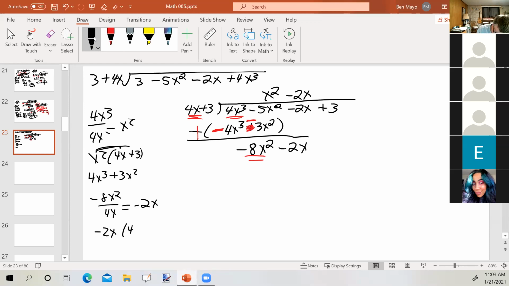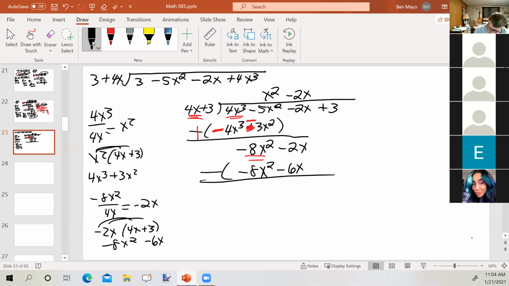Negative 2x times 4x plus 3 is negative 8x squared minus 6x. We're going to subtract that quantity from what's up above, change it to addition of the opposite, add up the columns. Negative 8x squared plus 8x squared is 0. Negative 2x plus 6x is 4x.